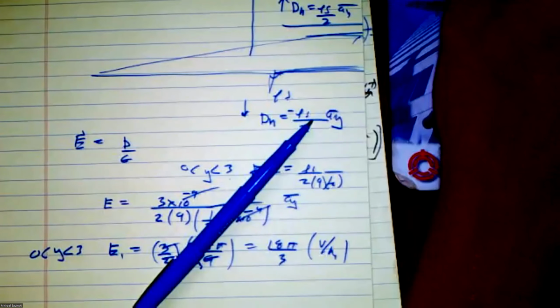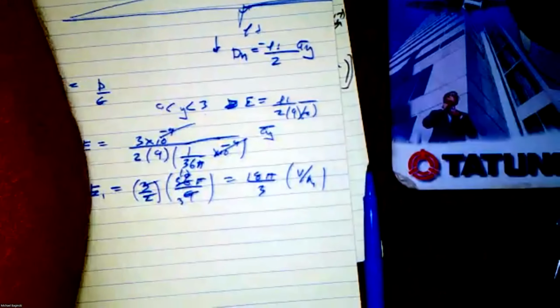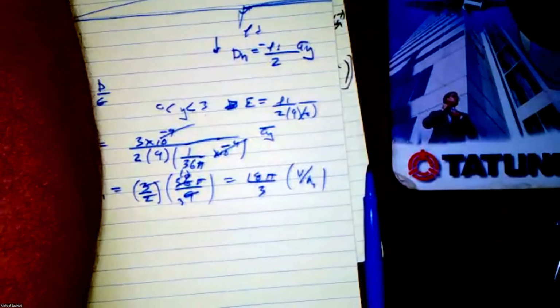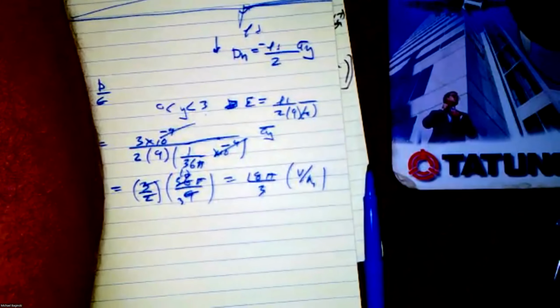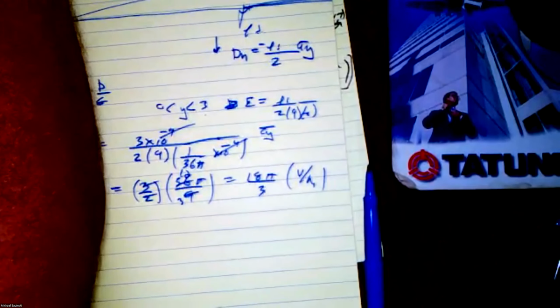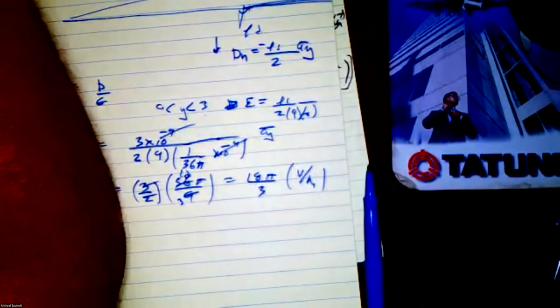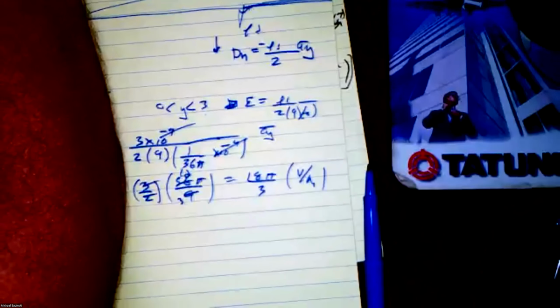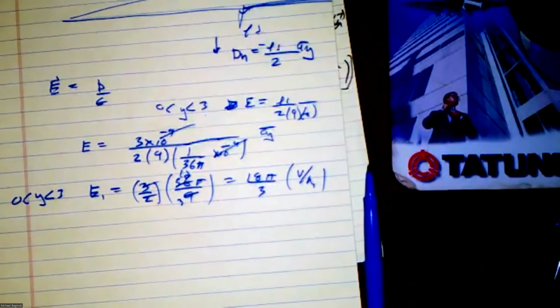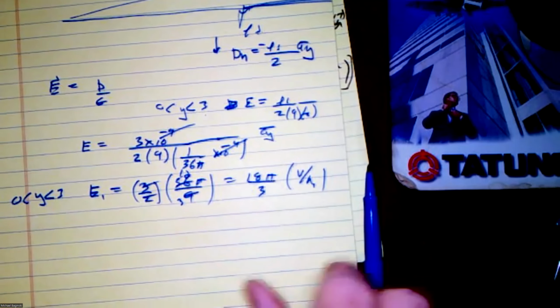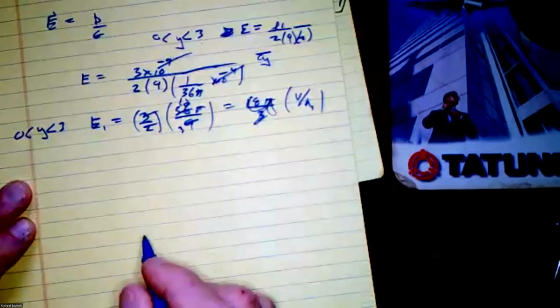I think I did that wrong. Hold on. I got rho S equal to 3.